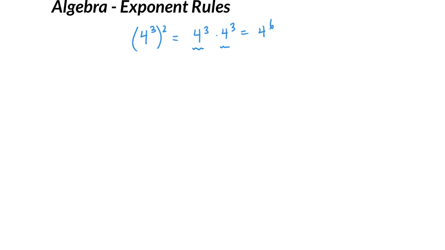Let's do those with some variables. So if I had x squared to the 5th, this would be x squared multiplied 5 times. So I have 2 x's and 2 x's and 2 x's, 2 x's, 2 x's for a total of 10 x's being multiplied together.